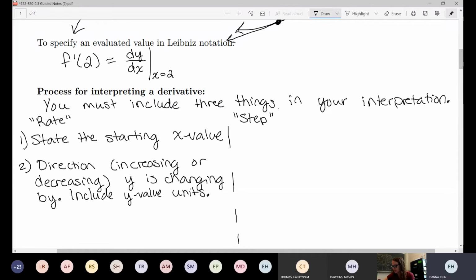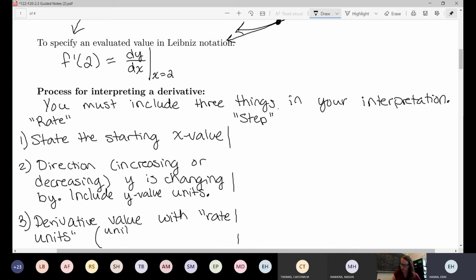We'll do an example of this in a second. But whenever I was doing them before, I think I usually said to remind them of the y value context. That's what I mean by this: once you tell them the starting x value, you then have to tell them whether the y value is increasing or decreasing, and what the units are. And the last thing you end with is you state the derivative value, with what I like to call rate units.